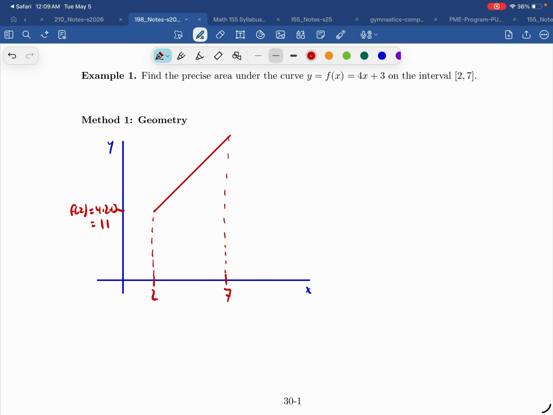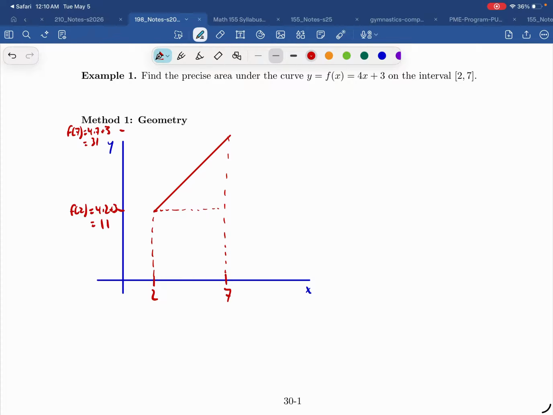And I guess it would be good to know f of 7. It's a little bit off the axis, but I think we can still manage. f of 7 is going to equal 4 times 7 plus 3, and that's going to equal 31. So I guess it might even be a little easier to do the whole triangle and square trick.